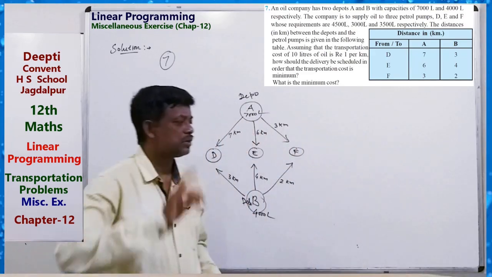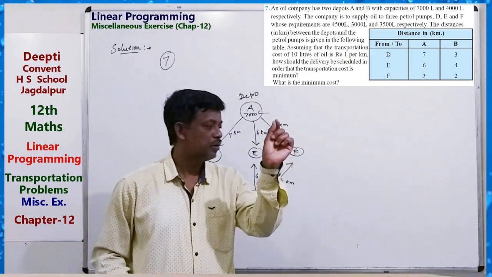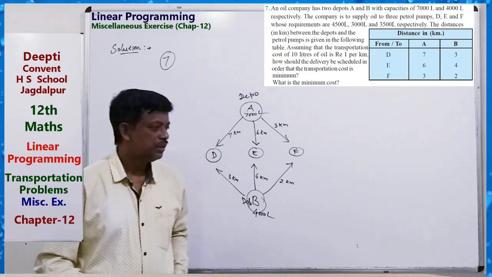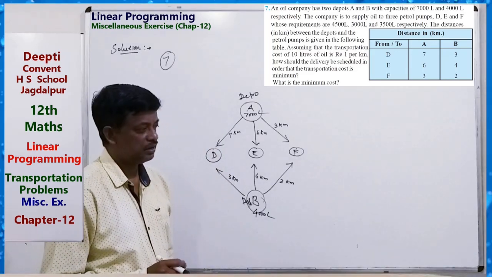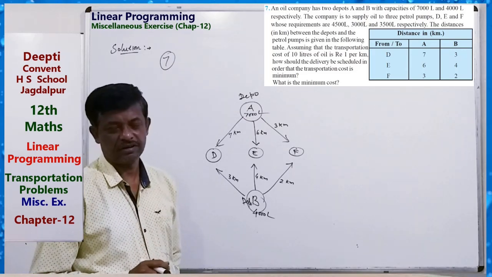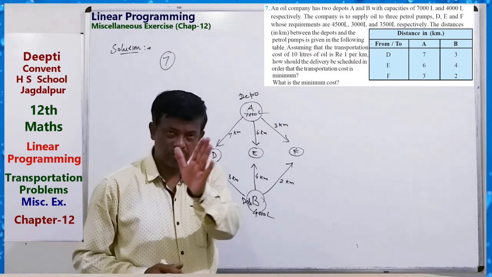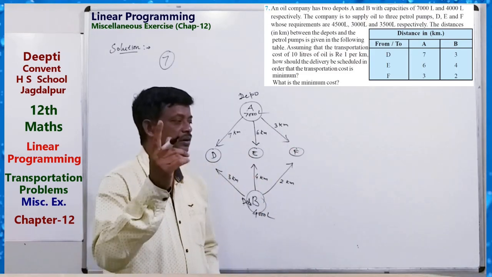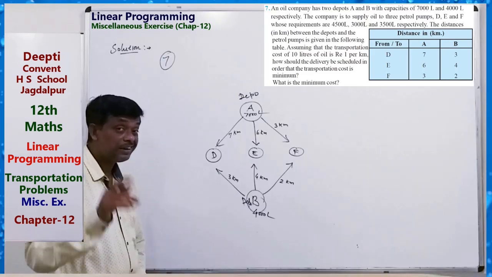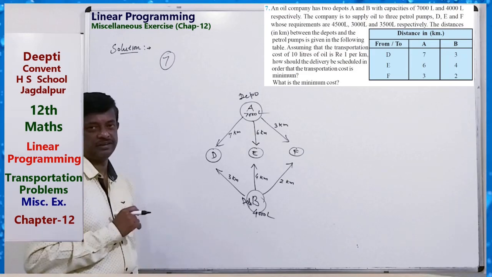Assuming that the transportation cost of 10 liters of oil is rupees 1 per kilometer. For transporting cost per kilometer, 1 rupee for 10 liters. This is given.